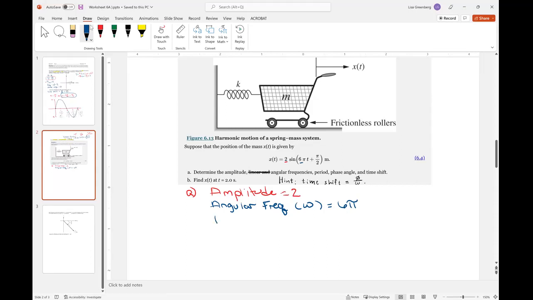Our period is equal to 2 pi over, so remember, I have to divide by our omega, 6 pi. So our period is 1/3.